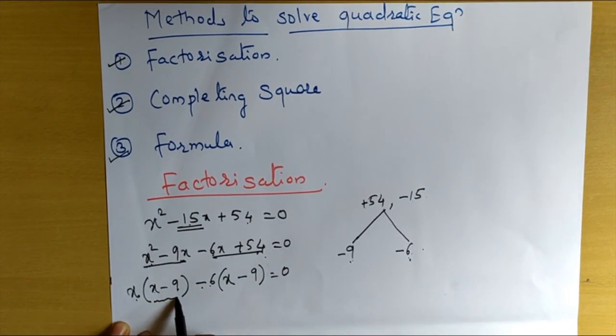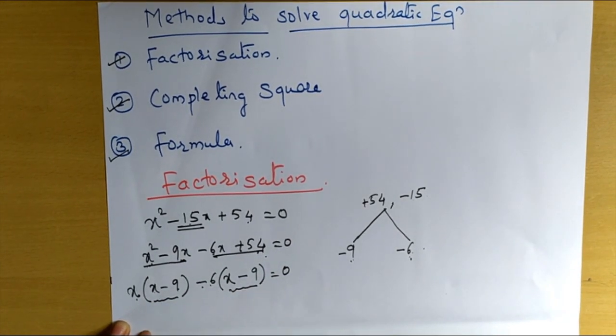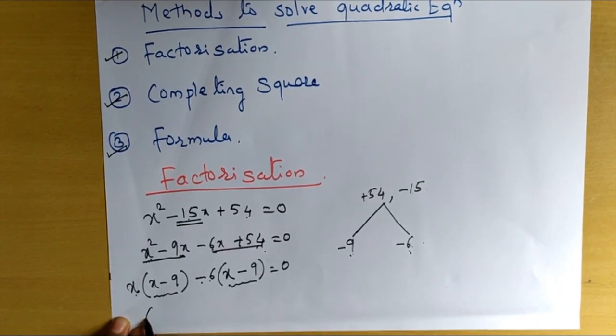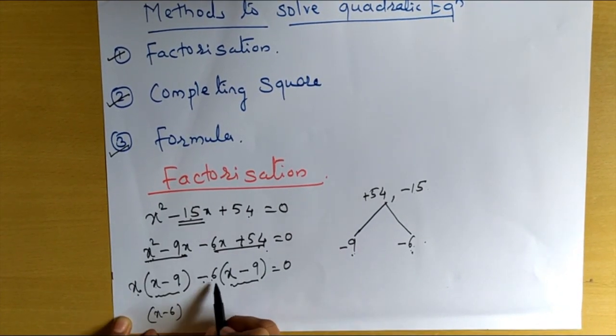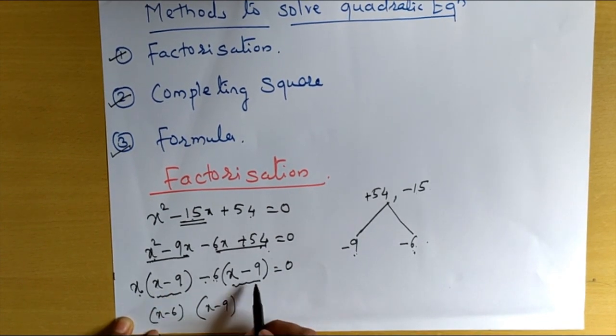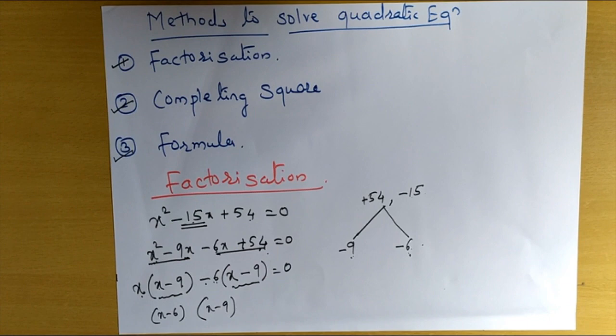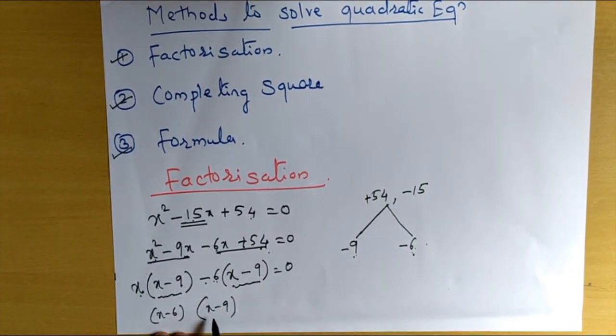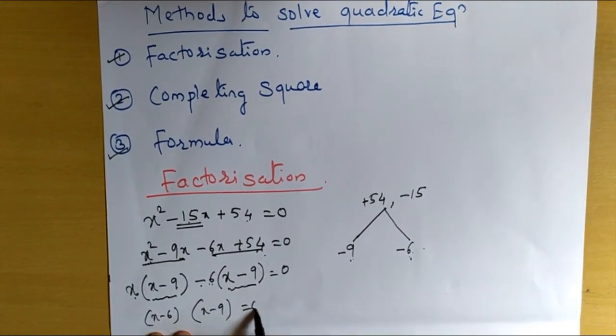Remember these two brackets should come out to be the same. Then we can write x minus 6 as one of the brackets and the second bracket as x minus 9, because these two brackets are common, so we have to write just one common bracket, equal to 0.